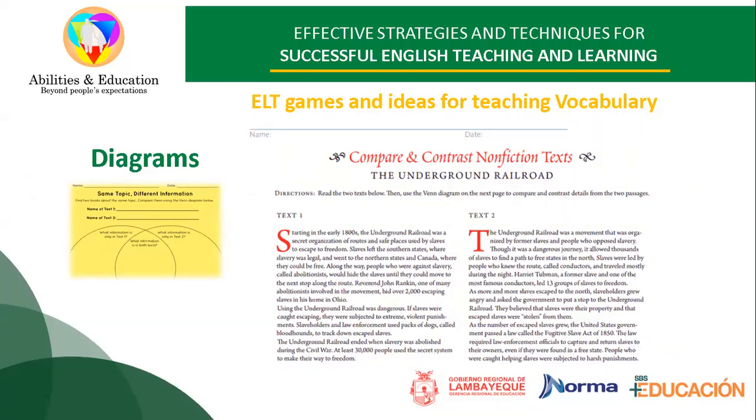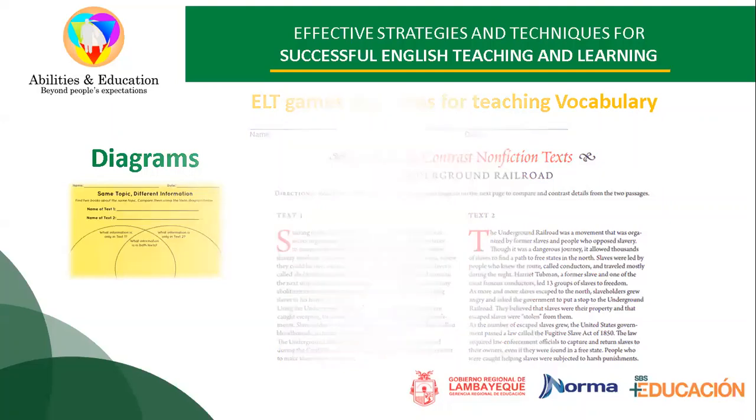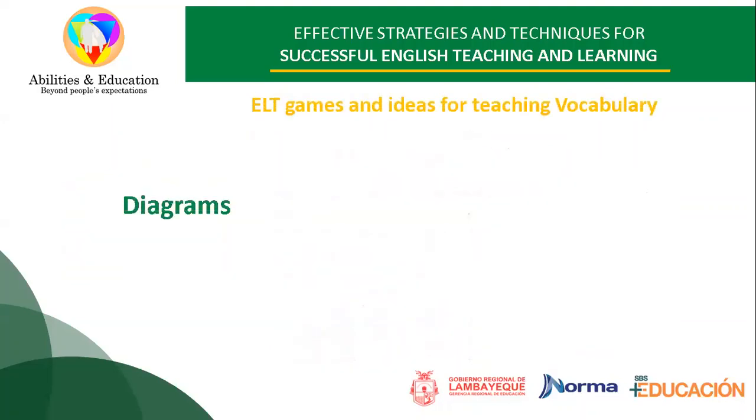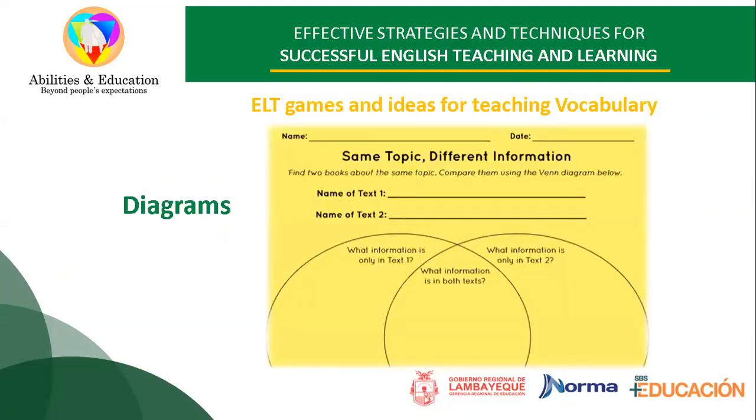This is a Venn diagram to compare and contrast details from the two texts, from the two passages. Like this. Name of text 1, name of text 2, what information is only in text 1, what information is only in text 2, what information is in both texts.